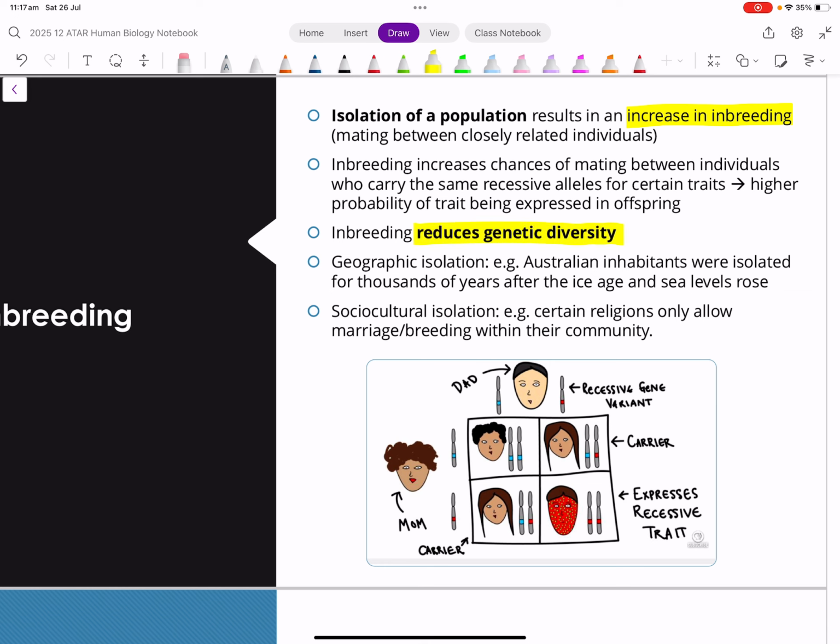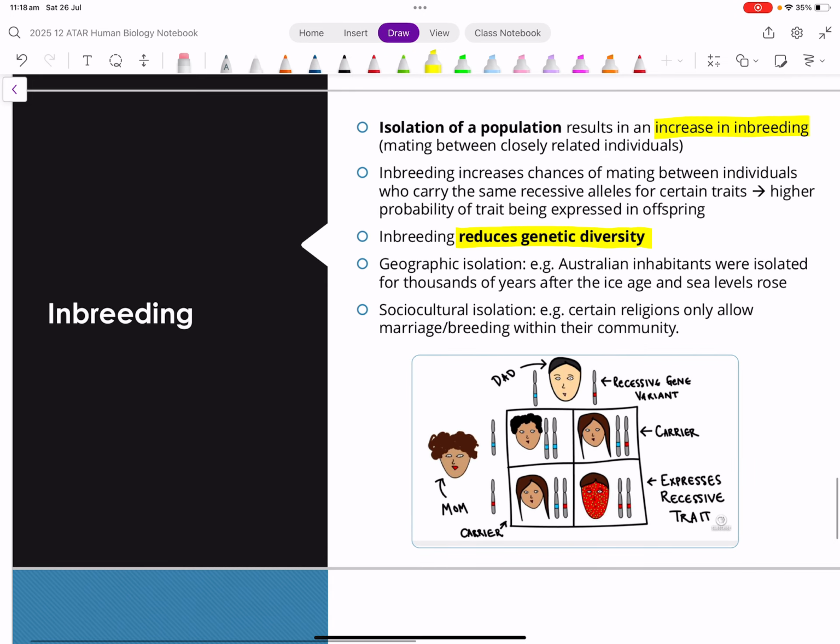So, for instance, we can have an example with geographic isolation here within Australia. So Australian inhabitants isolated for thousands and thousands of years after the Ice Age as sea levels rose, creating the island that is Australia. And we can also have socio-cultural isolation, and we'll look at some examples of this a bit later on, but where certain religions only allow marriage and breeding within members of their own community.